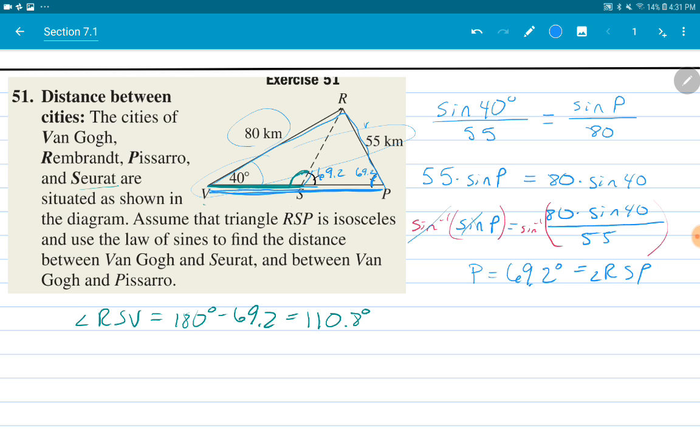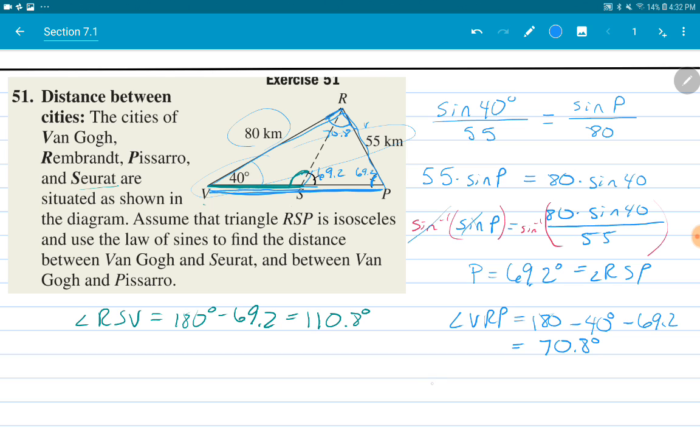If we look at the blue triangle, then that point R is going to be angle VRP, which is going to be the whole triangle, 180, minus 40, that angle V, and minus angle P, which gives me 70.8 degrees. So this big one here is 70.8.